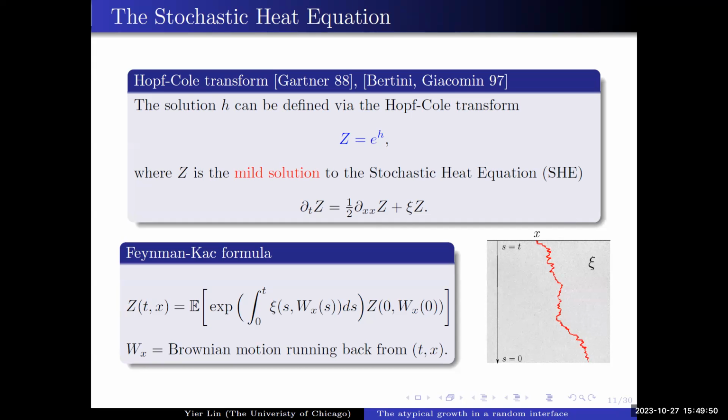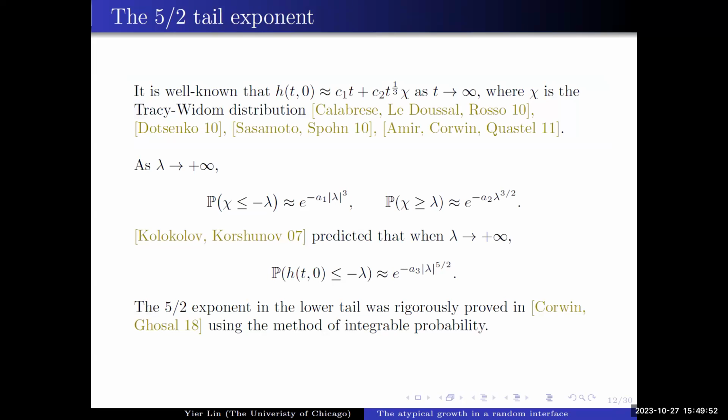It is well known that when you look at the KPZ equation, let's just look at the height function as 0, and I'm going to let time go to infinity. It turns out that you will have some linear growth.